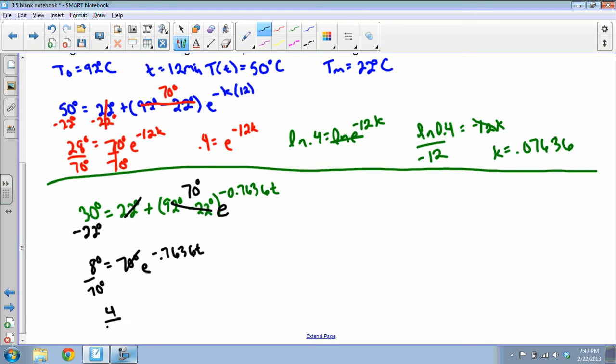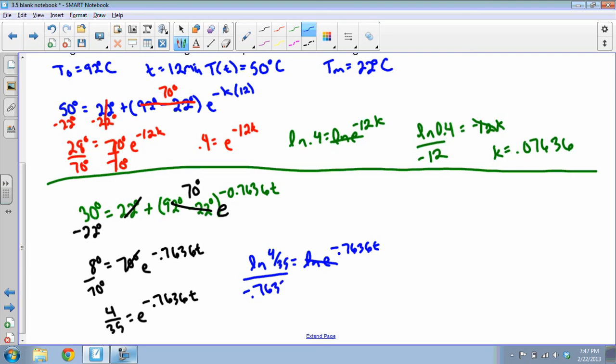So 4 over 35 equals e to the negative 0.7636t. I think I just ruined my plan to use the second answer button, but we take the natural log of both sides. So we're saying that the natural log of 4 over 35 equals the natural log of e to the negative 0.7636t. This ln of e goes away. So we're really just going to divide this natural log of 4 over 35 by negative 0.7636.